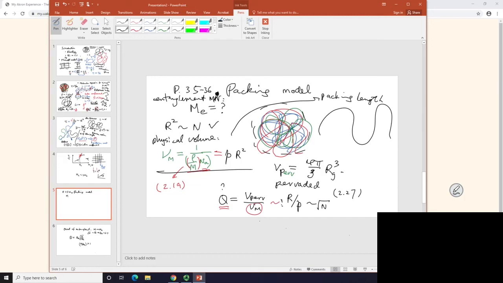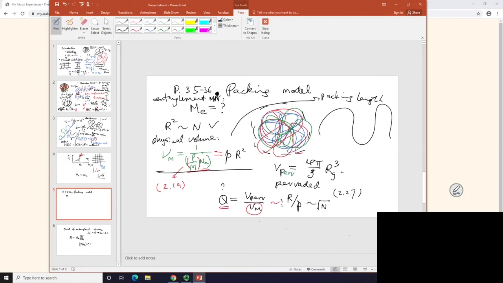It is this chain's physical volume, not just physical volume. And just watch that equation: that physical volume is R squared. So if I try to collapse my chain onto a two-dimensional space, it will have an area of R squared and a height of P, roughly speaking.